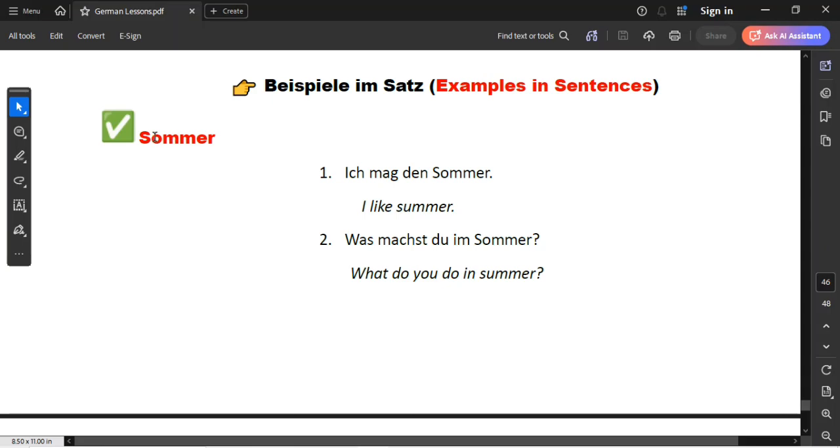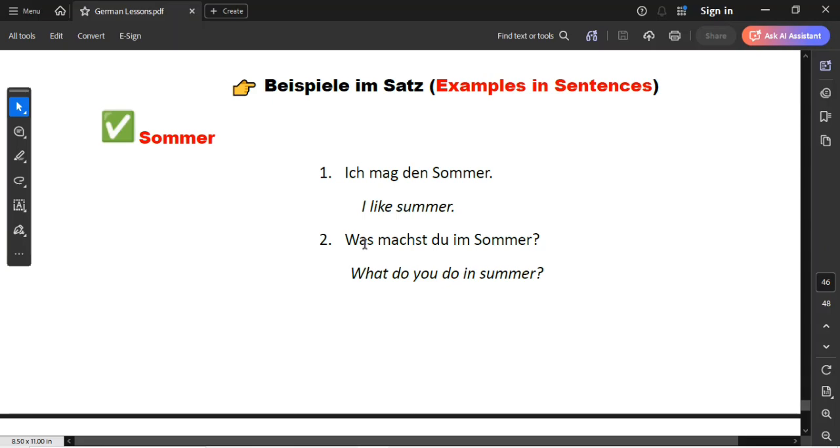So remember, the gender for Sommer is der. Now, when it goes to accusative, der turns to den. That's why we have Ich mag den Sommer instead of der, because it is in accusative. So, Ich mag den Sommer means I like summer.